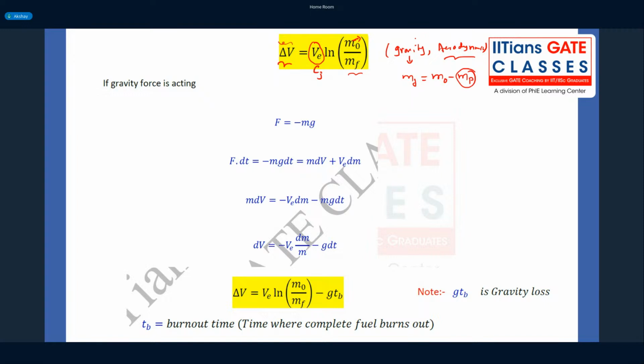Usually these two, gravity and aerodynamics, are losses, because they are resistive forces to the motion of a body away from the planet. So we usually have a gravitational loss or aerodynamic loss associated with the overall velocity change we can expect, right?